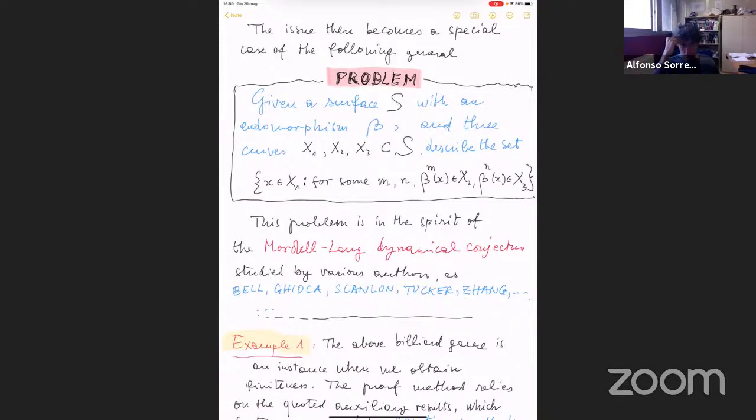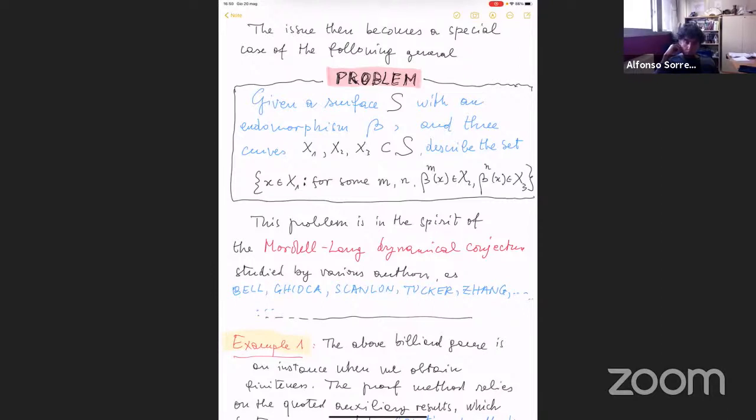So this is a general problem in dynamics. It is in the spirit of the so-called Mordell-Lang dynamical conjecture, which has been studied by authors that I have written: Bell, Jason Bell, Ghioca, Scanlon, Tucker, Zhang, and others. But it is slightly different from that.